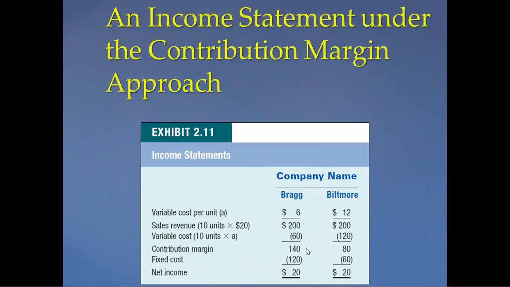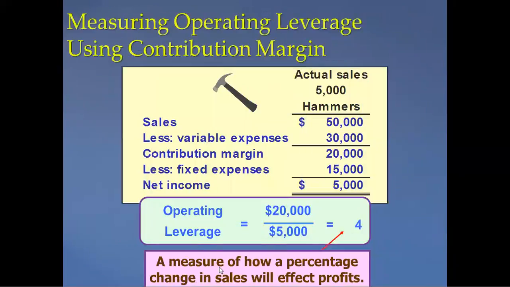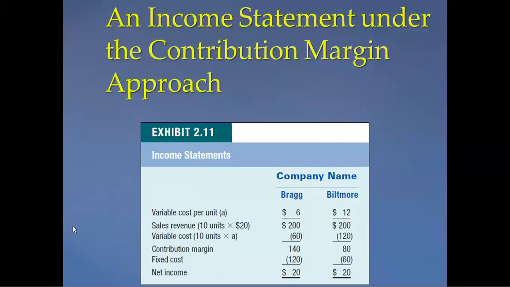And from that contribution margin, we subtract our fixed cost to get net income. If we were to do a traditional income statement, the net income would turn out to be the same as this contribution margin approach income statement, but numbers are just rearranged differently.